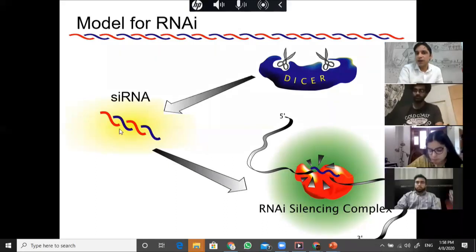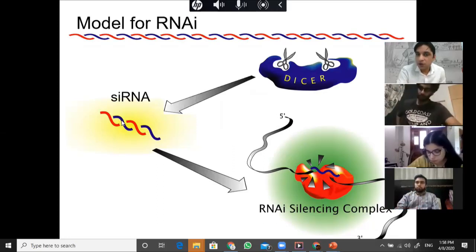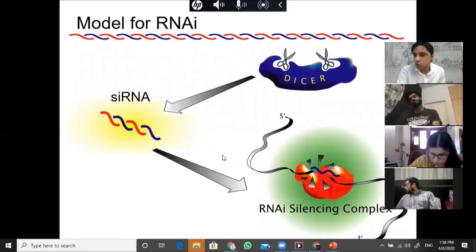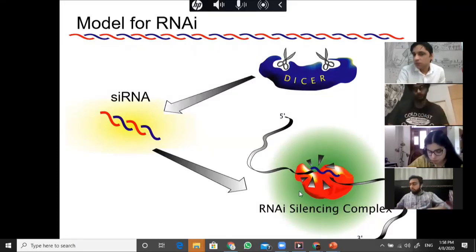This small interfering RNA later on will be utilized by a machinery called RNA interfering silencing complex, and one fragment of that double-stranded nucleotide, only one of the fragments, see the red one and the blue one, the double-stranded nucleic acid, only one of the fragments like the blue one is used and it is loaded on the RNAi silencing complex.